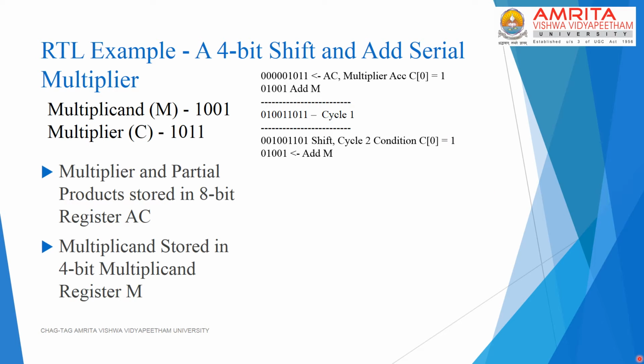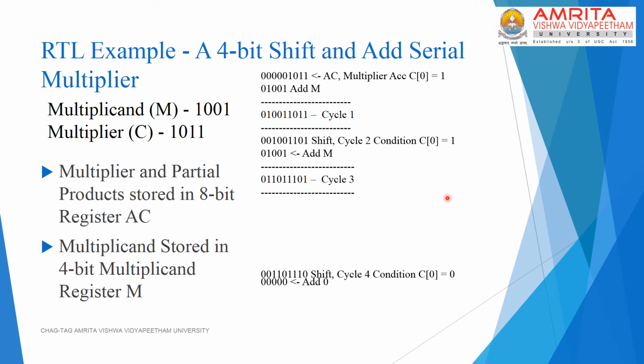So we see that the second multiplier bit is also 1, which results in the multiplicand getting added to the partial product. Again, after the second addition, the partial product is shifted to the right by 1 bit position.